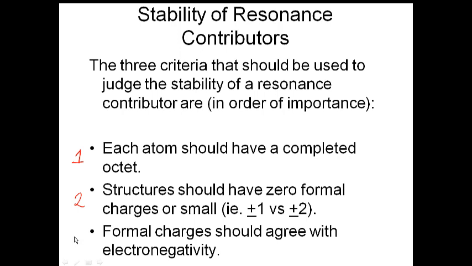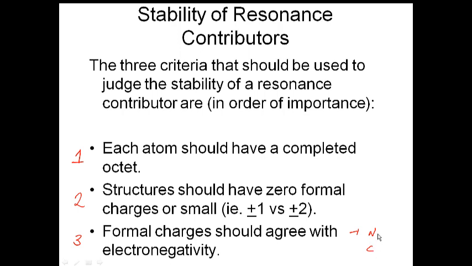If they're still tied, then we go to rule number 3 that says the formal charges should agree with electronegativity. What that means is if in 2 resonance structures you have a nitrogen having a -1 charge in one case and a carbon having a -1 charge in the other case, you would like to have the -1 charge go with the more electronegative of the 2 atoms. So if you have -1 and your choice is to put it on a nitrogen or a carbon, that -1 charge would go with the most electronegative of the 2 atoms.